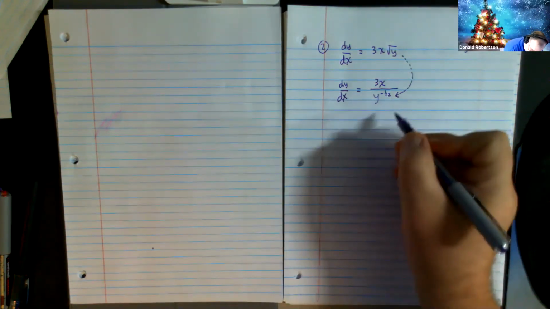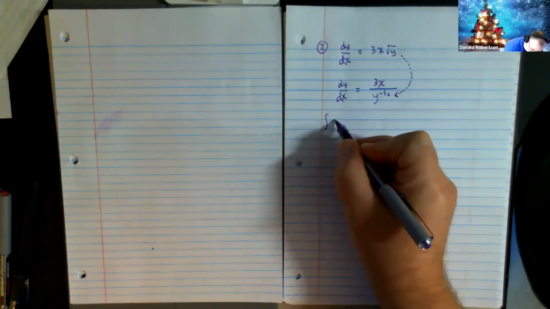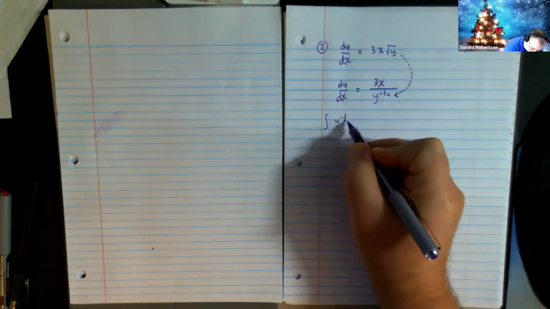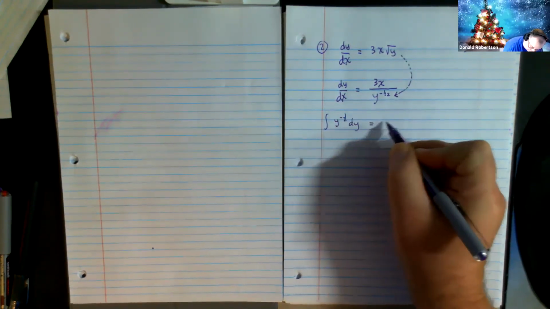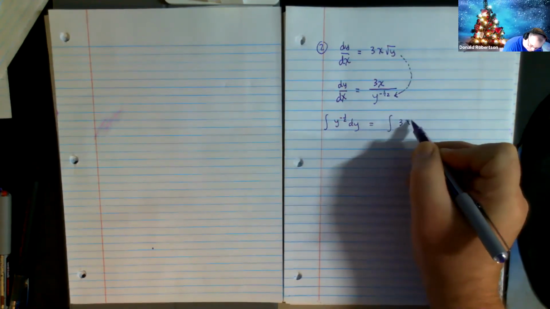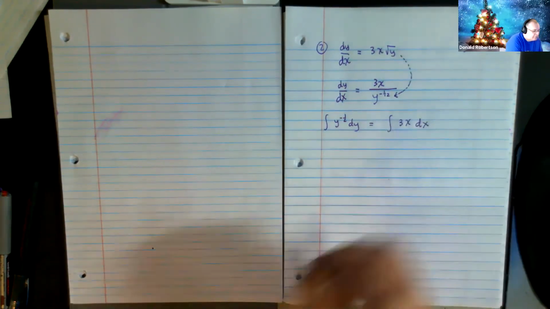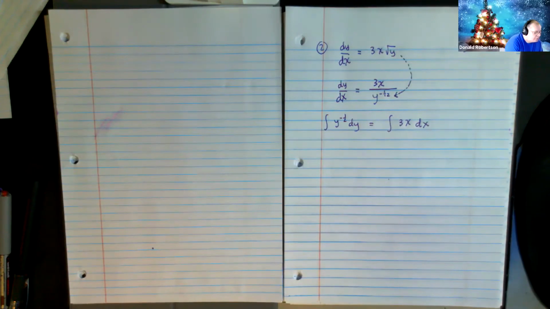Top to bottom, it works the same way. If you've got some in the bottom, you want to move it to the top, a negative power can do that. Now this is ready for the crossover. You agree? There's nothing particularly weird about that one.